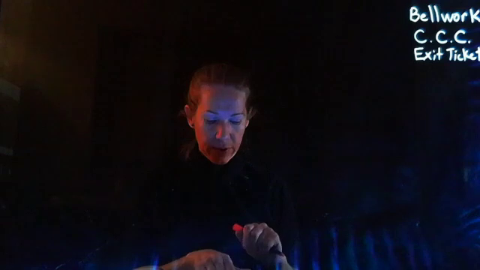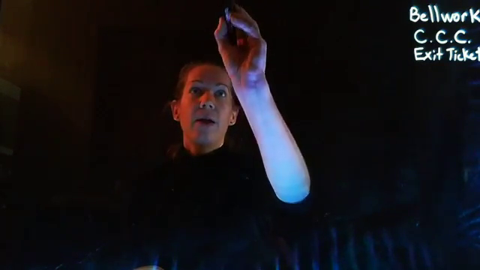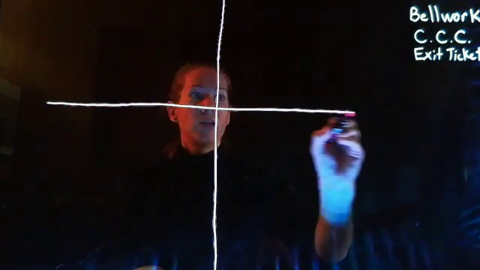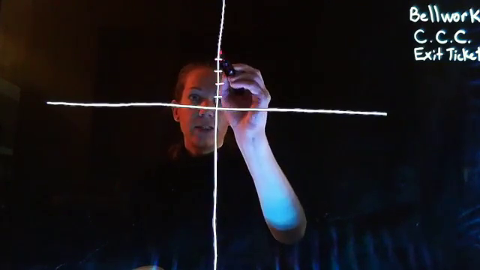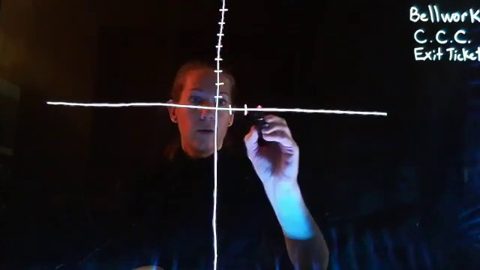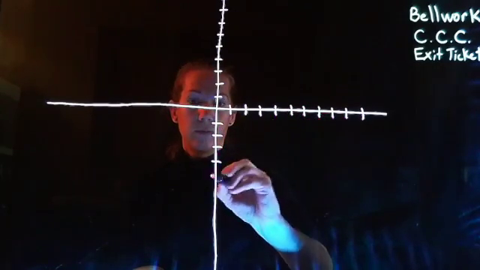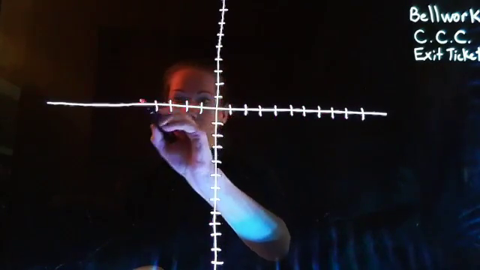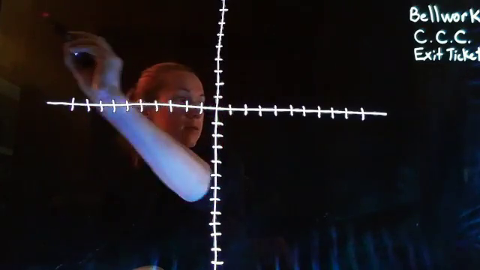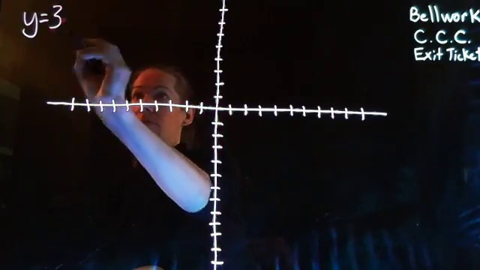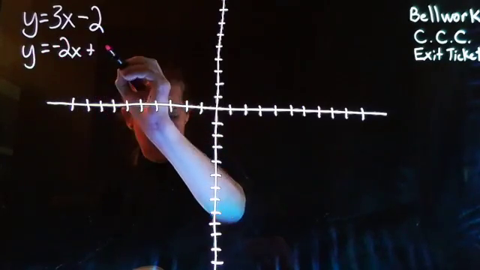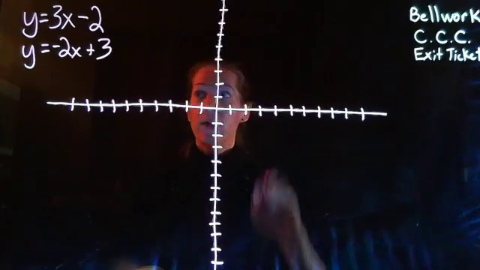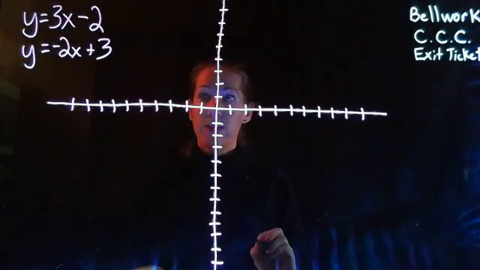So in your book, there's a coordinate plane already there, but I'm going to draw a coordinate plane here so that we can graph this example. So here we have a coordinate plane and the two equations that we want to graph.